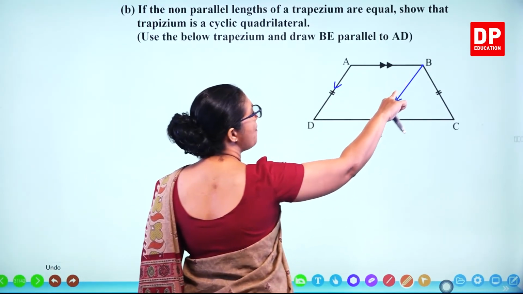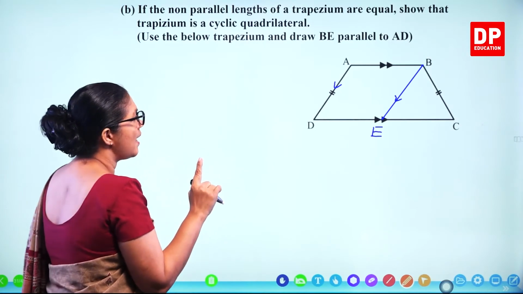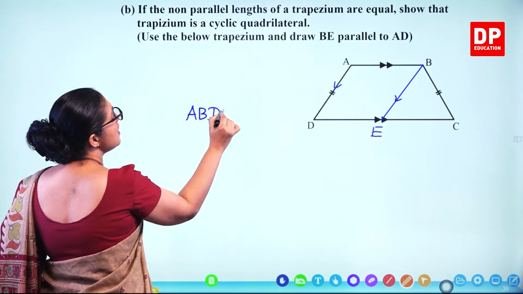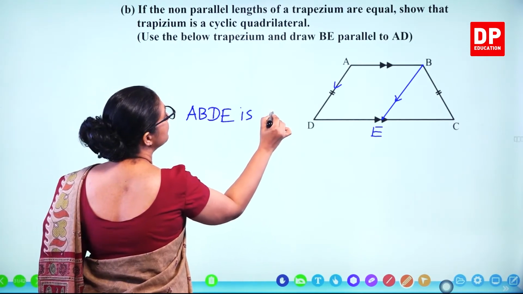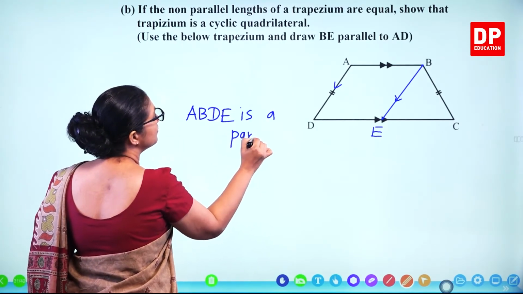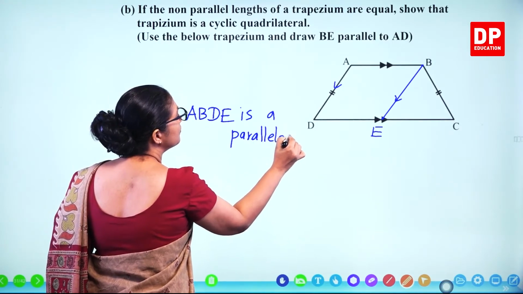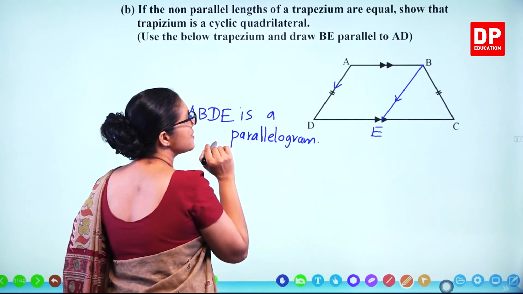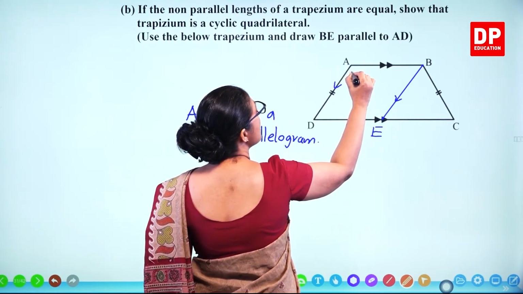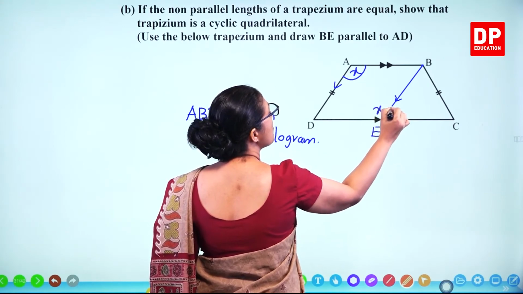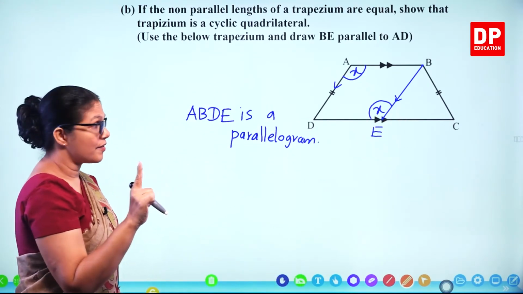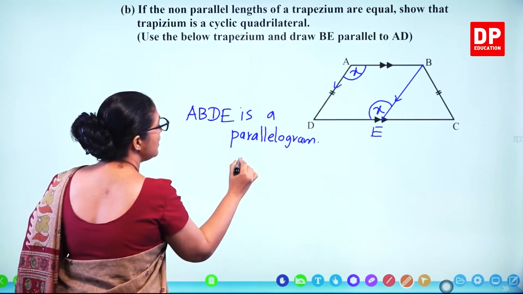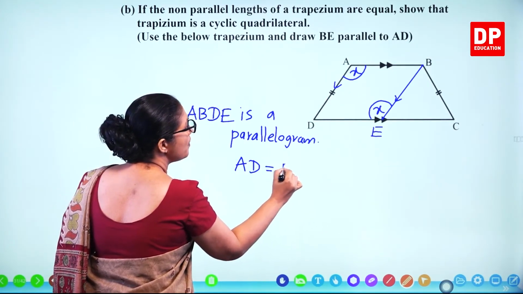Now when you draw a parallel line there, we can say that ABED is a parallelogram. If this is X, this is X. Opposite angles are equal in a parallelogram, and opposite sides are equal. So AD is equal to BE.